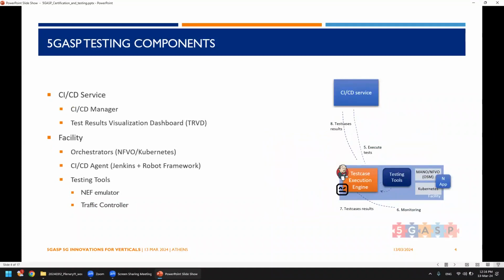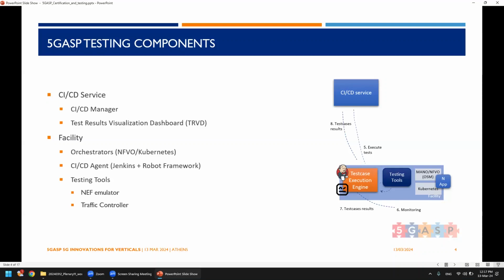As a spoiler, we start with the testing because the testing is what actually leads to a certificate. Zooming in to the test components, again, we have the master entity, which is the CI/CD service. We tend to call it the CI/CD manager in 5GASP terms. This service oversees the respective testing entities at each testbed.